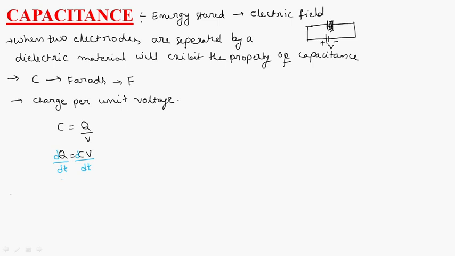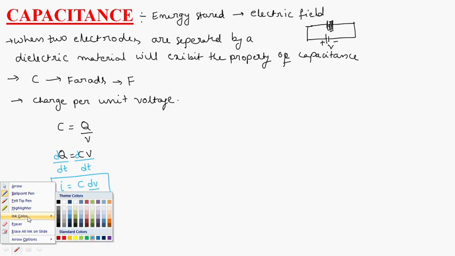The change in charge with respect to time is nothing but the current I, which is equal to C into dv by dt. This is the formula for the current flowing through the capacitor: I is equal to C dv by dt.